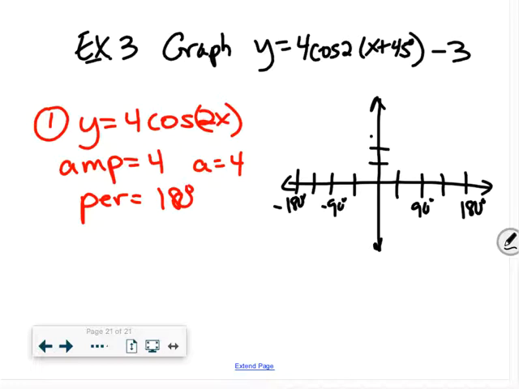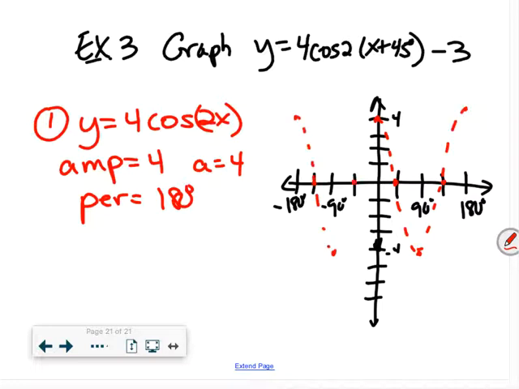If it goes 1, 2, 3, 4, 1, 2, 3, 4, but I've got to go down 3 more. So cosine's going to start at 4, 0, negative 4, 0, 4, 0, negative 4, 0, 4.